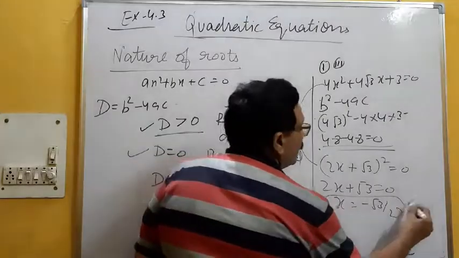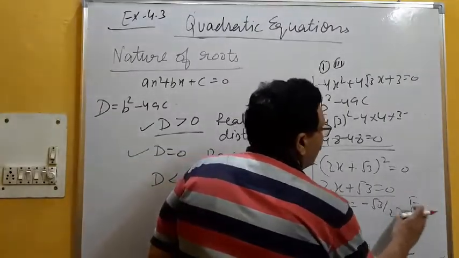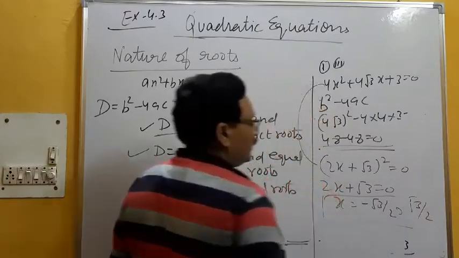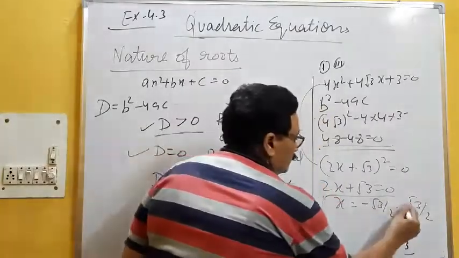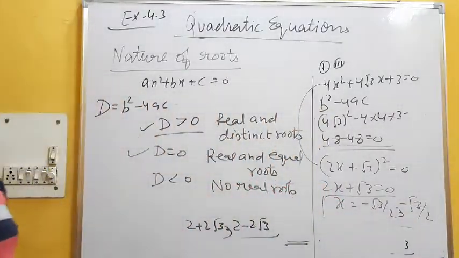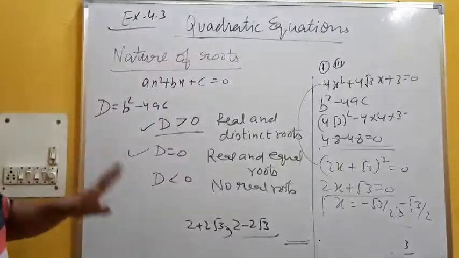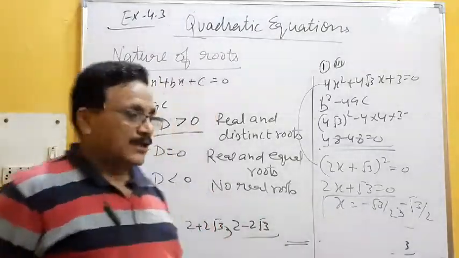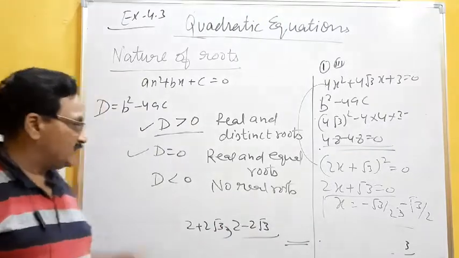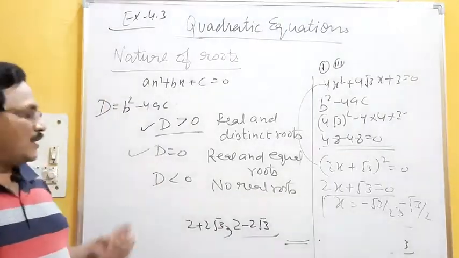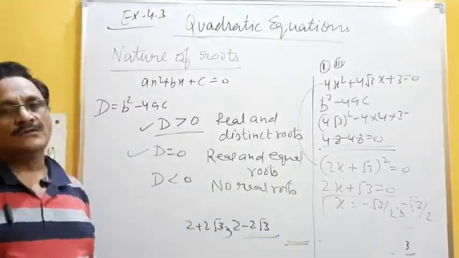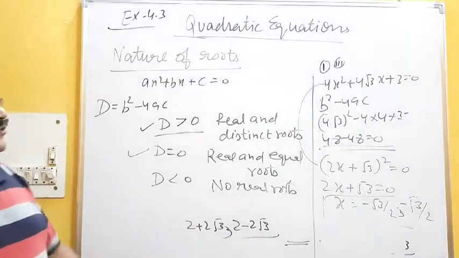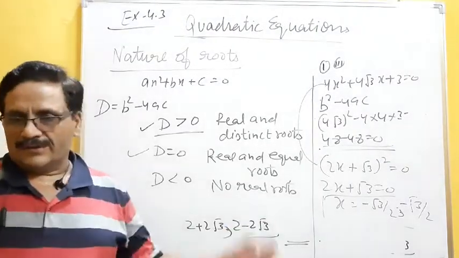You will get the same value, you have to write minus root 3 by 2 twice. Okay, so they have two roots but they are the same, minus root 3 by 2 and minus root 3 by 2. Clear? Now finally, if it is coming less than 0, no real roots. You only have to write no real roots. Okay, you can write.